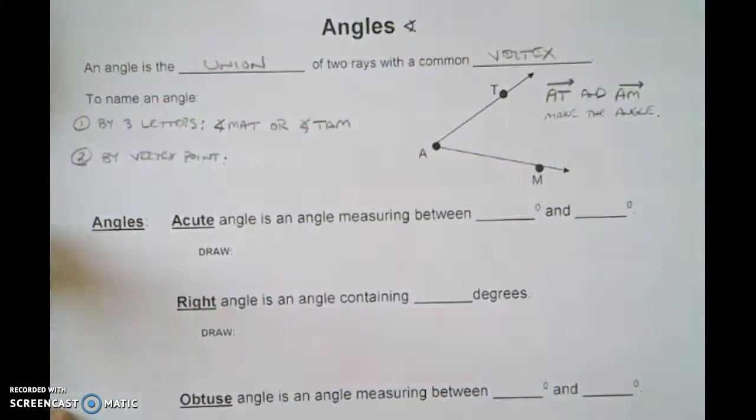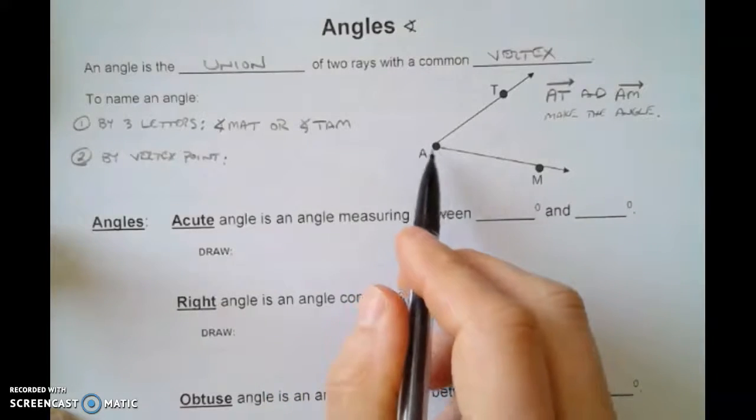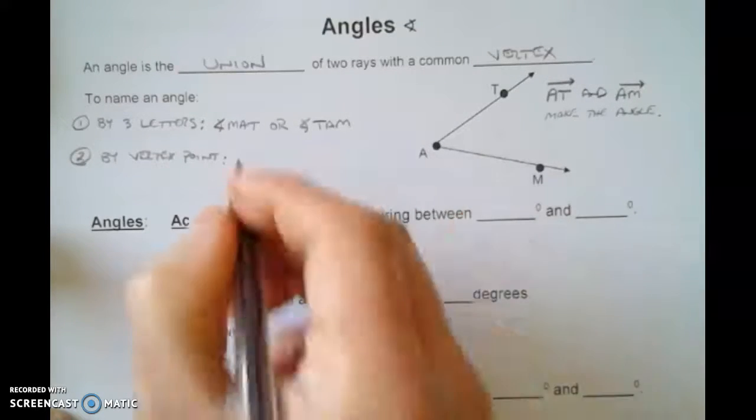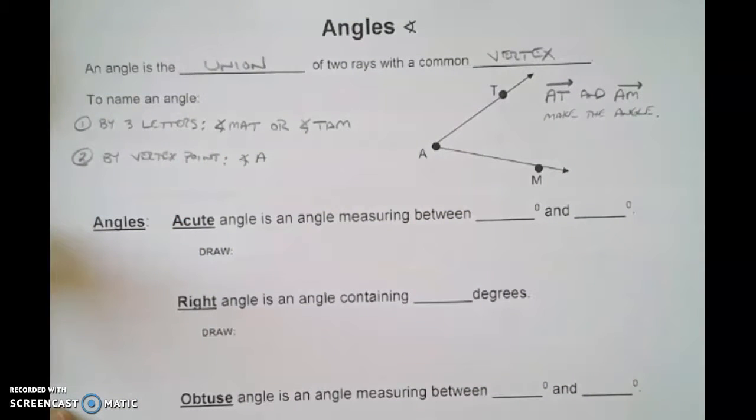If there's only one angle at the vertex point, then you could call it simply by the vertex point. The vertex point is where the two rays come together, and that was here at point A. So I could simply call this angle A, because it's the only angle with that vertex point.